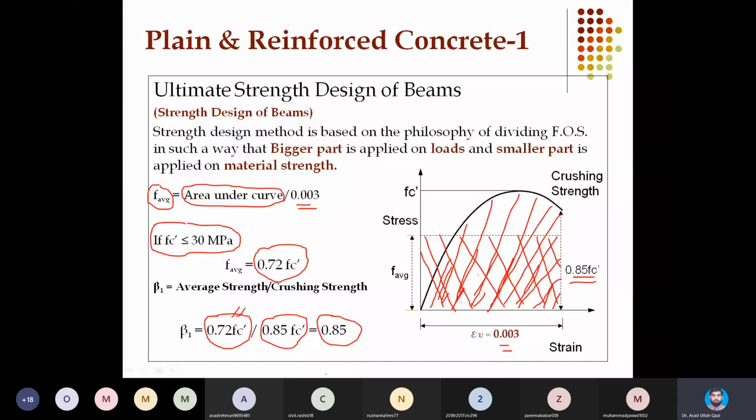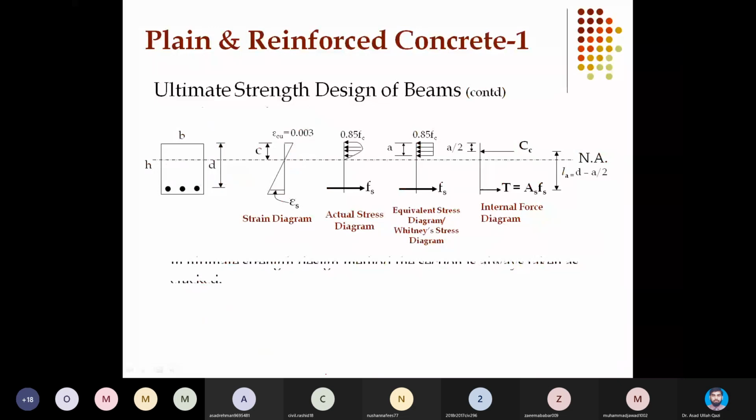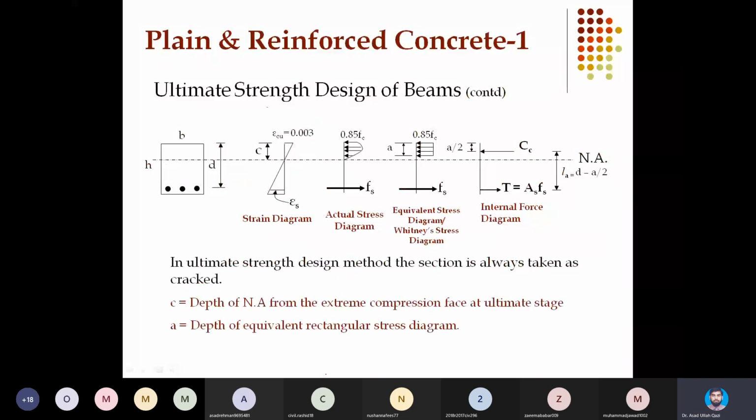This slide is very important, where the entire flow chart is summarized, at how we will get the internal capacity of a section in ultimate strength design.